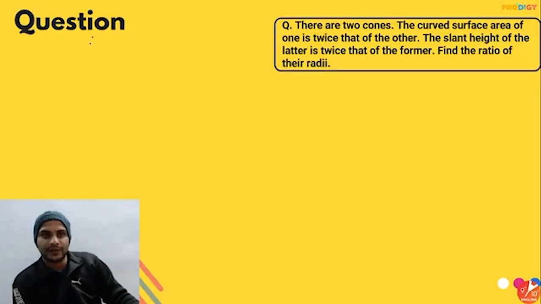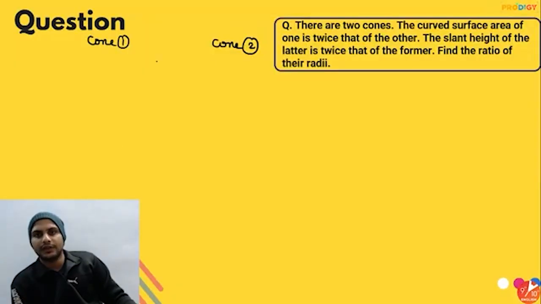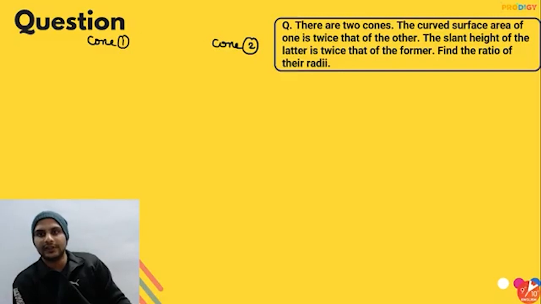Okay. So we have cone 1 and we have cone 2. I think here we need to take two cases. No, only one case only. The curved surface area of cone 1 is twice that of the other.